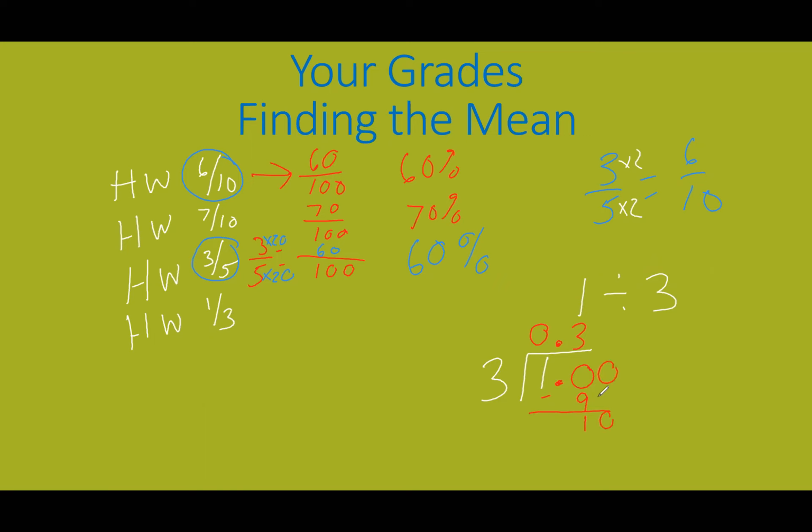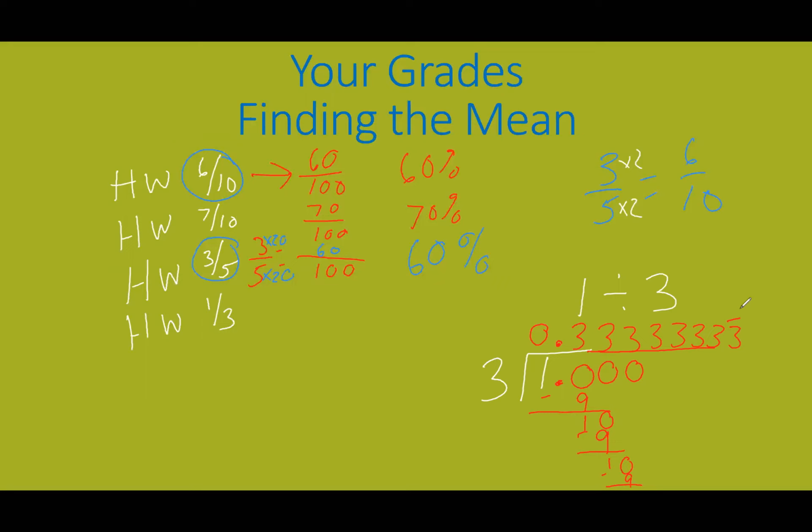0, bring it down. Oh, there's a 3 again. 9. Do you see the same problem that we had in the last problem? 9 again, and a 3, and a 3, and it's going to keep going forever. So what would you say? Would you say you have 3%?